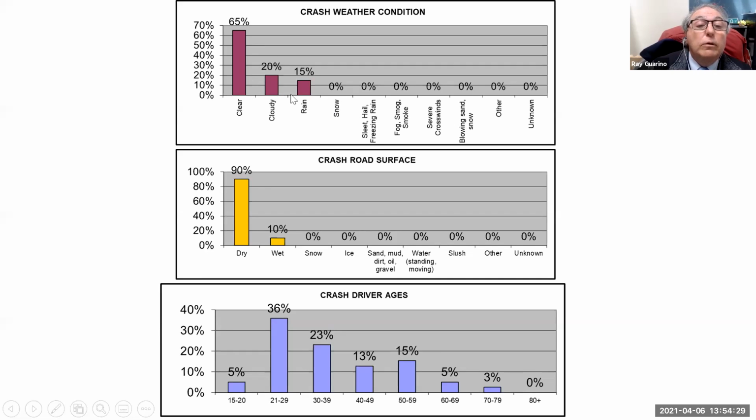Clear, cloudy, rain. 90% of crashes during dry surface conditions. And again, the drivers' ages skew towards the young, the 21 to 29 age bracket, 36%.